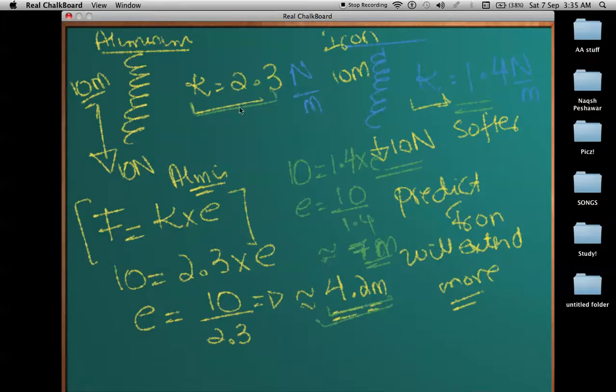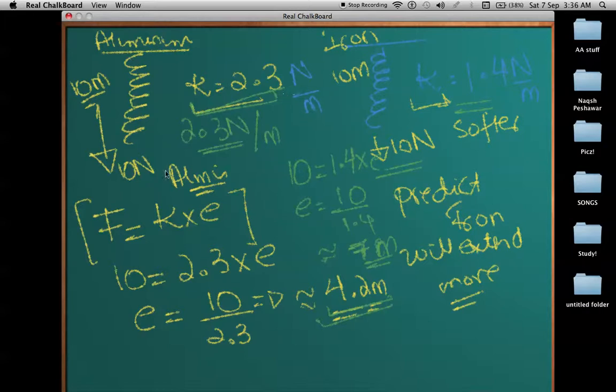For this case, it simply means that you need 2.3 newtons for every meter. You can just see the units. So if you need to extend it by 1 meter, you need 2.3 newtons.